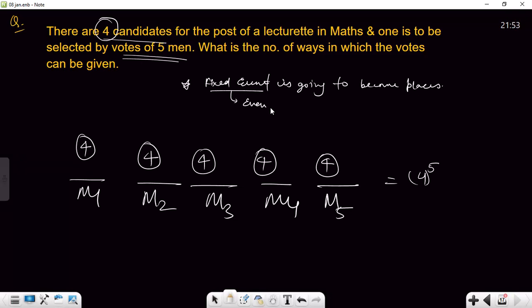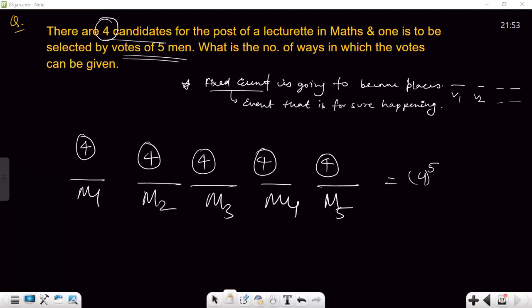The event that is definitely going to happen, that is for sure happening completely. That is a fixed event. Places means this. In this case, the vote of first man, the vote of second man, like this. Is that clear? And in this concept, is everything clear? Any doubts?